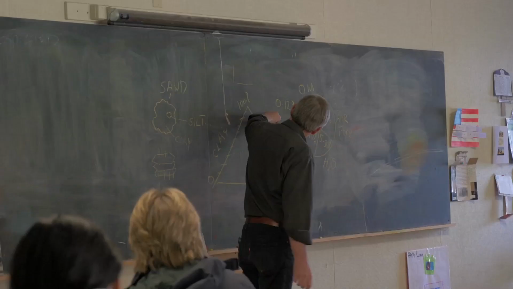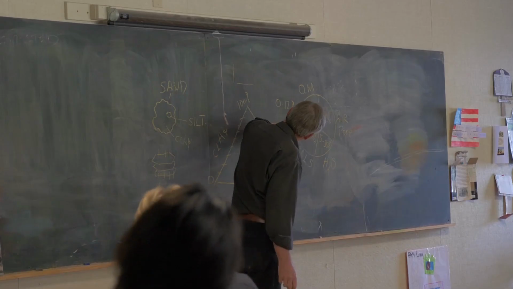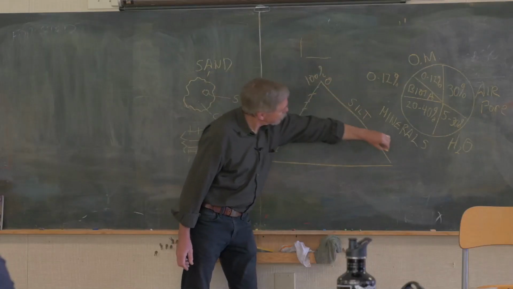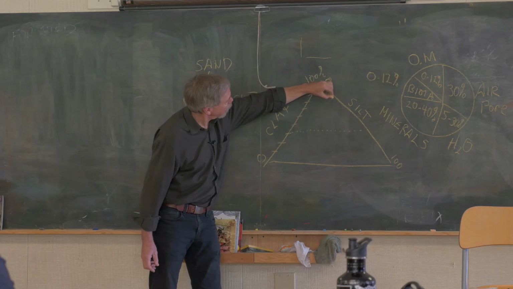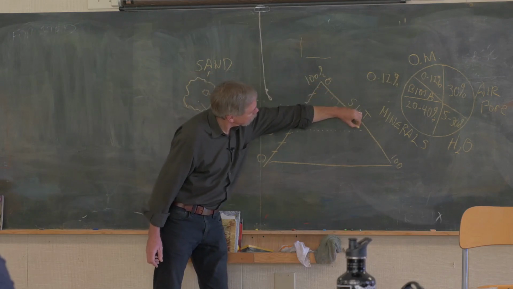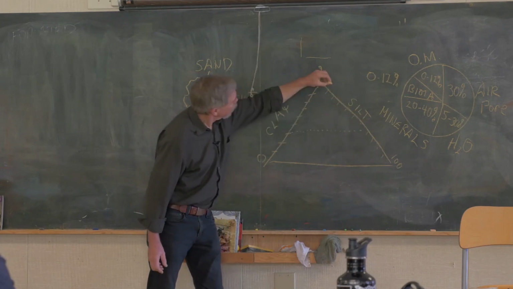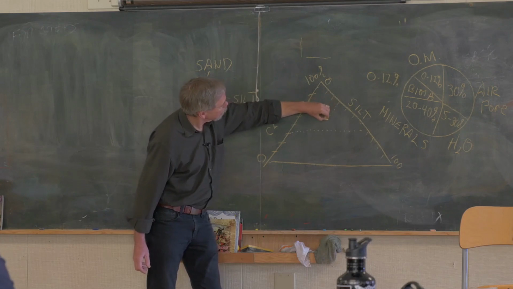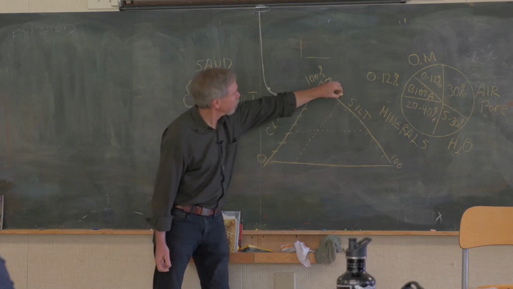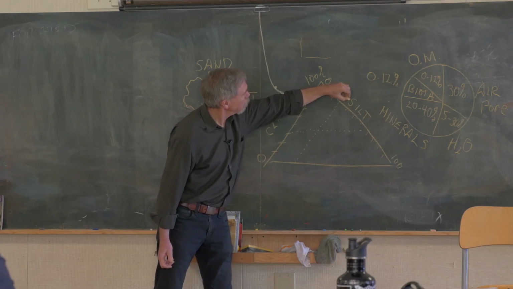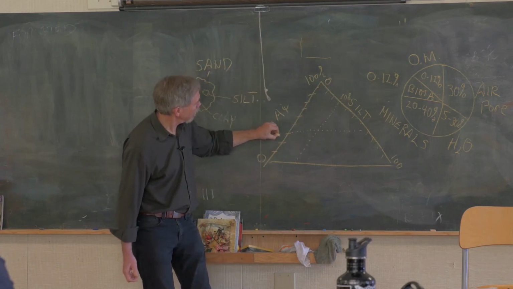Then this axis is the silt axis, going from 0% silt to 100% silt. And the tick marks here are made diagonally. So a 30% silt soil would show up on this graph like that. This is the 30% tick mark. Here's the 30% clay tick mark.